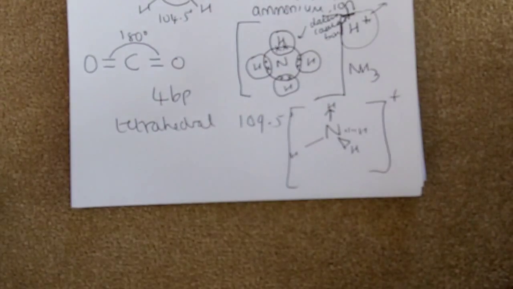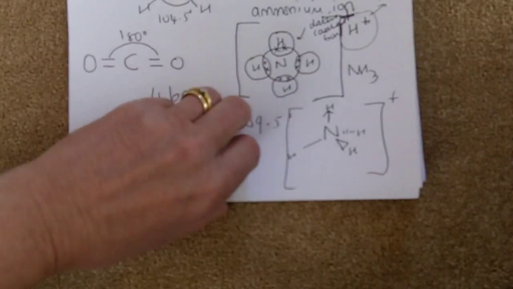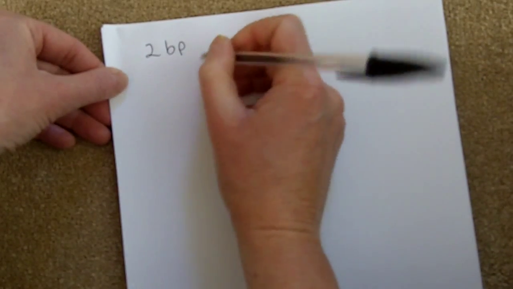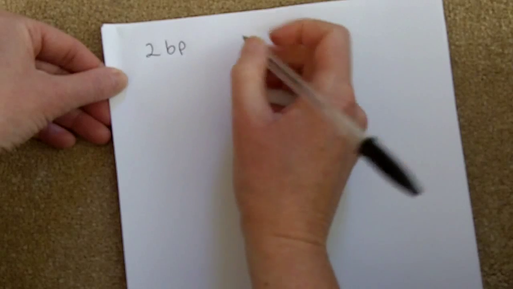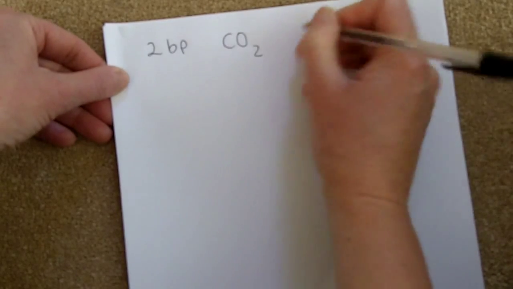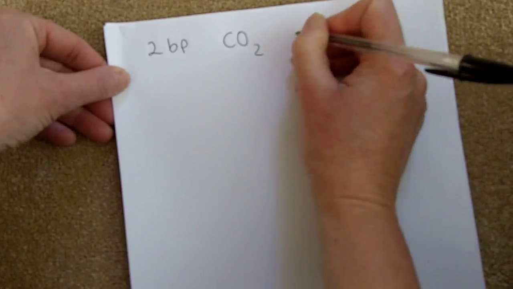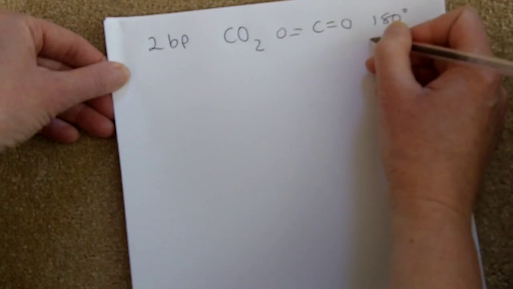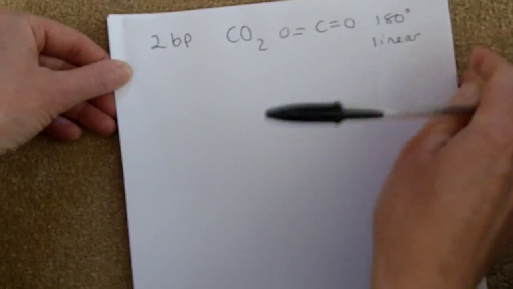Okay, let's do a really quick summary of the main shapes and bond angles. So if it's 2 bond pairs, I know this is 4 bond pairs, but this is a good example: carbon dioxide, it's a 180 degree bond angle, and the name of the shape is linear.